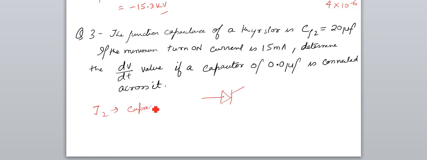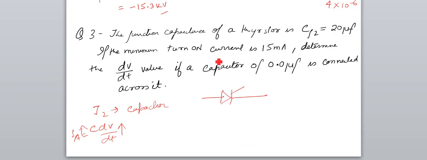There we have seen C dV by dt, how we can change the voltage, and the anode current also changes by your capacitance. If you change the voltage, the anode current changes. So in the turn on characteristics, the SCR has a J2 capacitance of 20 microfarad.